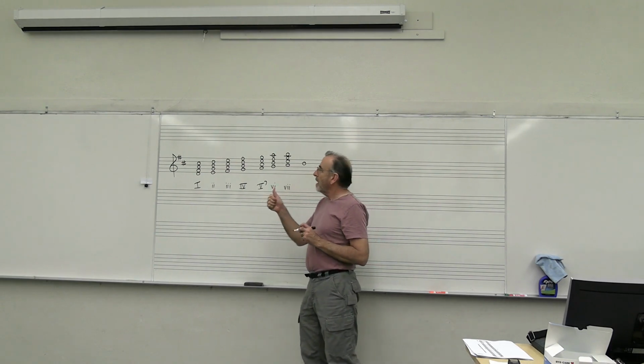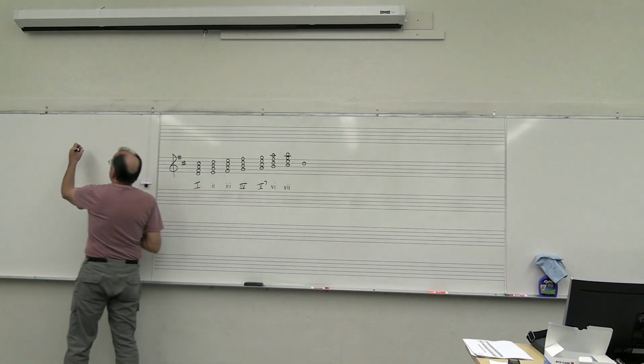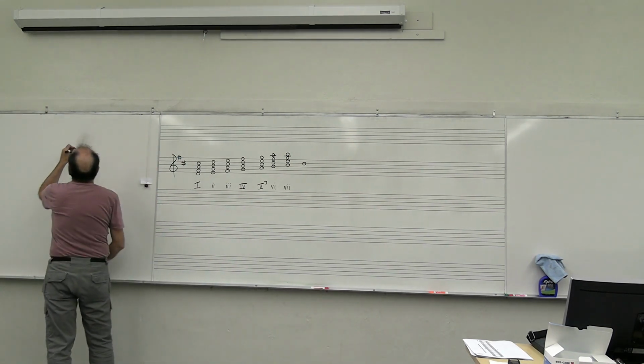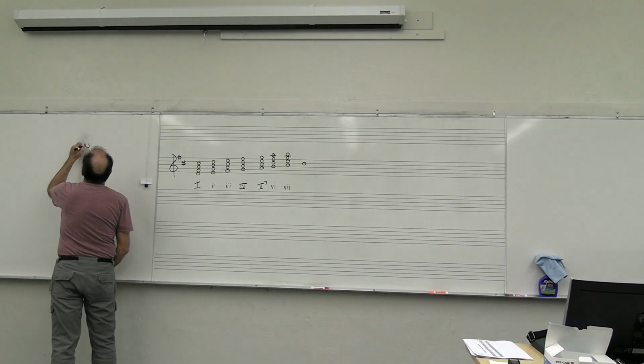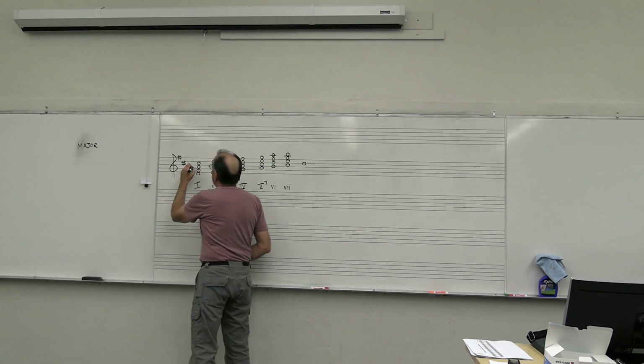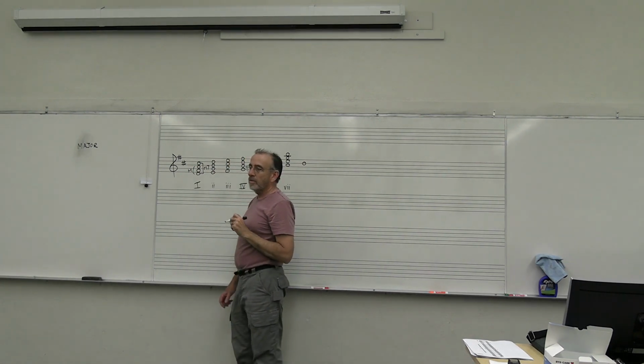There's a major 7th, right? Yeah, so major 7th. There's a major 7th, which is a major triad and a major 7th, right? That's the definition of a major 7th.